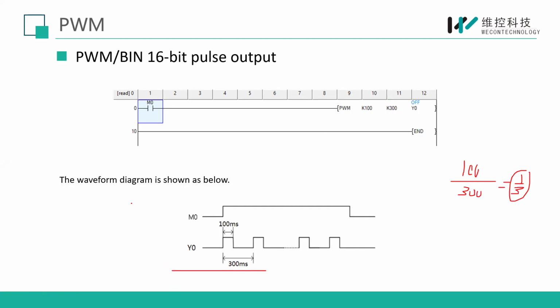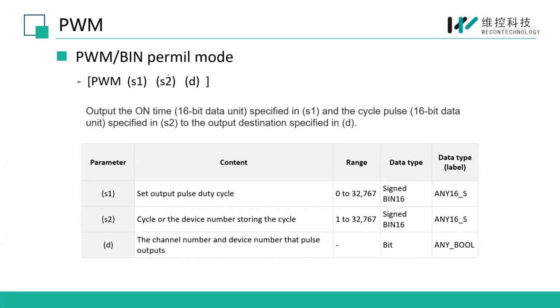And in the Wecon PLC, we have 2 modes of PWM. This is the one mode. And the second mode is the variable mode. It means we can set the duty cycle in the first parameter.